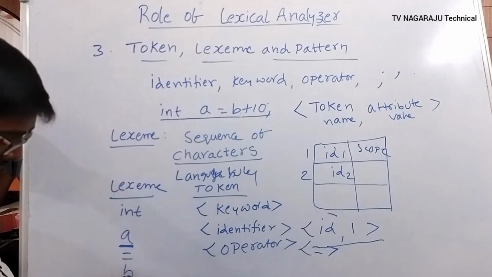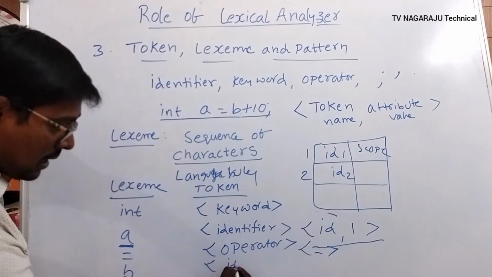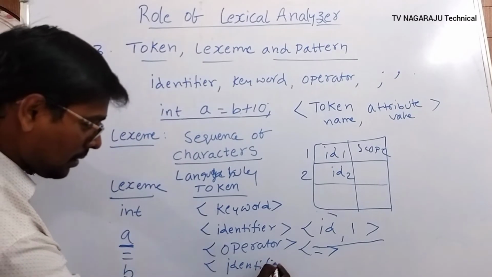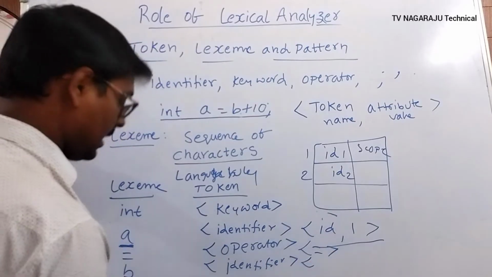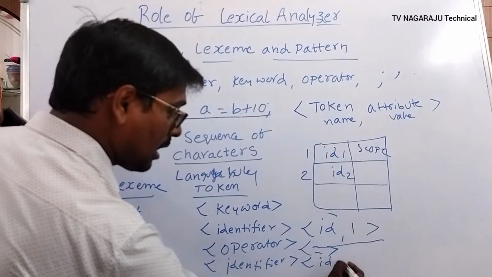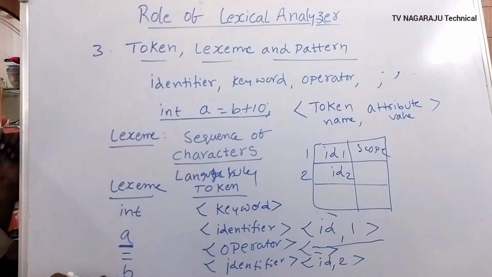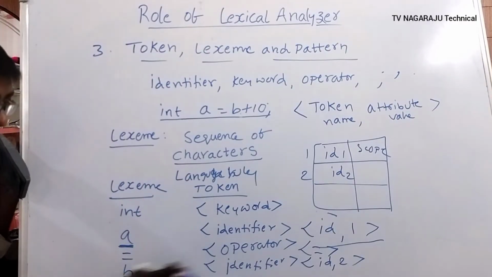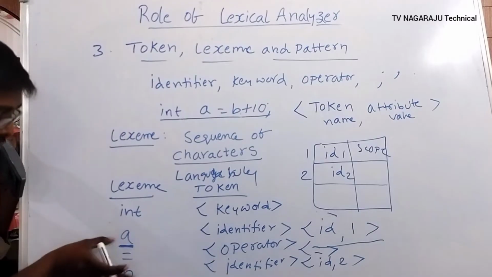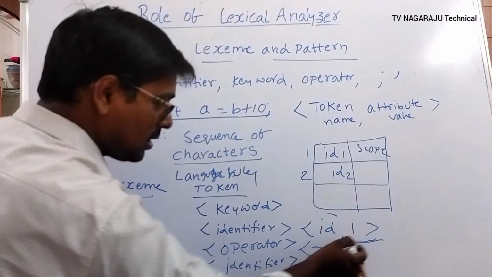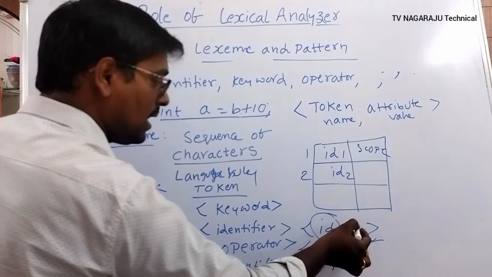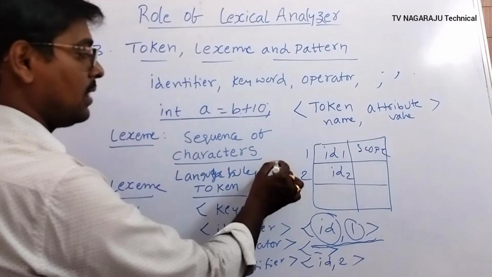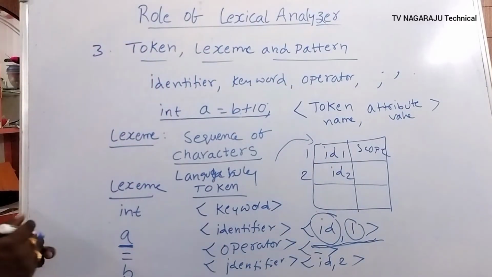Suppose b is an identifier. Here you can write ID, 2 like this. Next, plus is an operator. Next, 10 is a constant. So for identifiers, you write the name of the token along with attribute values.